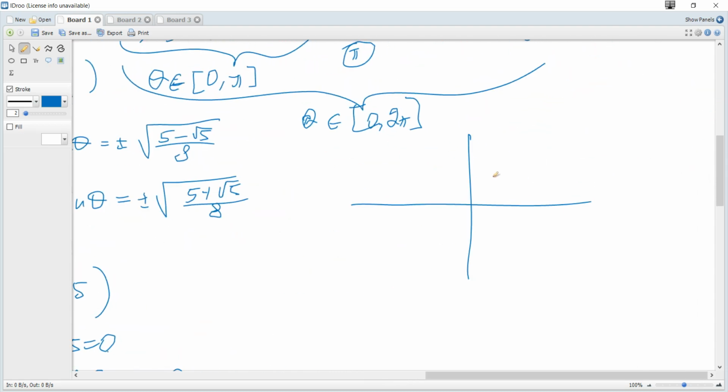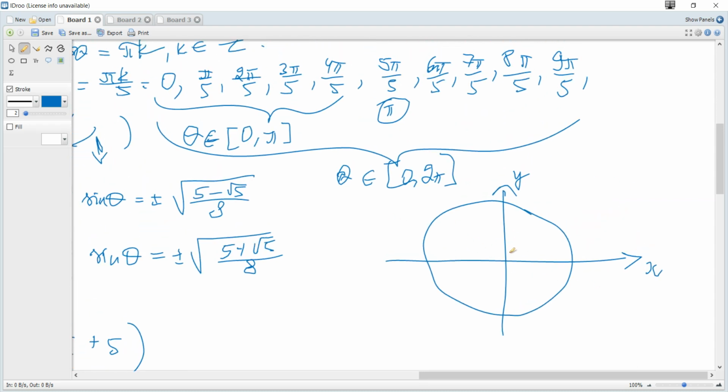And if we consider a unit circle from 0 to 2 pi, our values of theta are 0, pi over 5, which is 180 over 5, that is 36 degrees, 72, which is 2 pi over 5, and 3 pi over 5, which is 36 times 3, so it will be symmetrical but in the second quadrant.